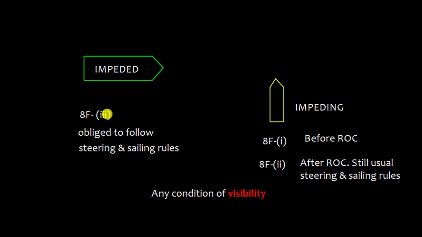Now 8F3 is about the impeded vessel, and that is obliged to follow steering and sailing rules. Of course, these rules 8F1, 2 and 3 are applicable in any condition of visibility.